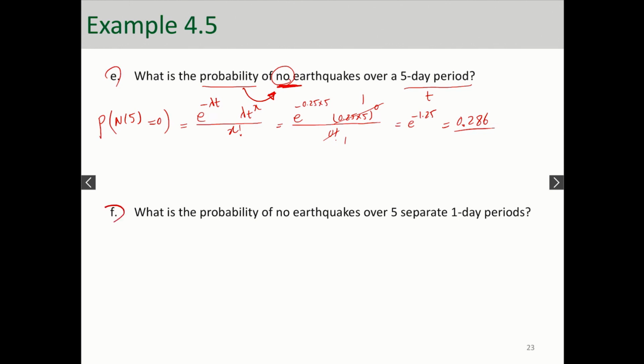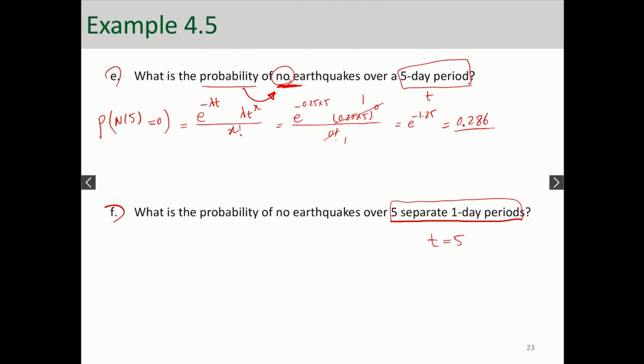Part F, what is the probability of no earthquake over 5 separate 1-day periods? So this is the point that I mentioned earlier. There is no difference between part E and F here. The t is the duration, and in both of them the duration is 5 days.